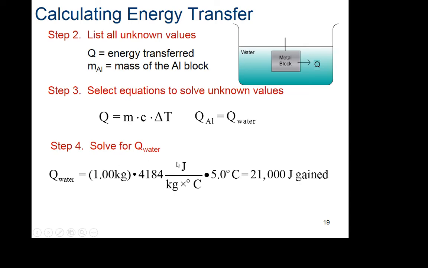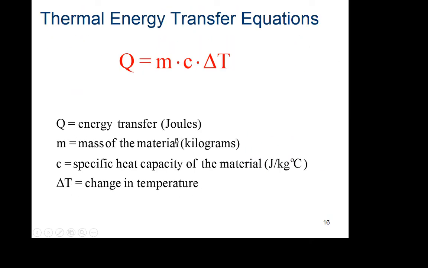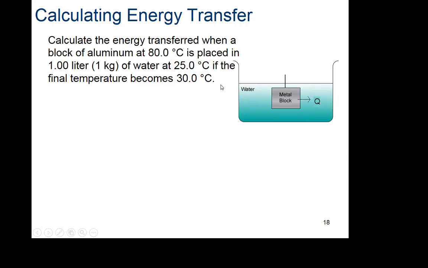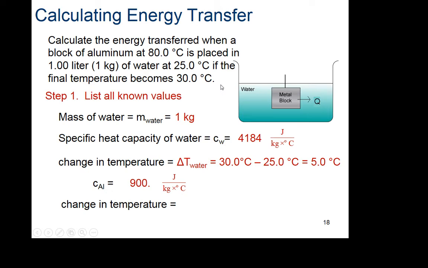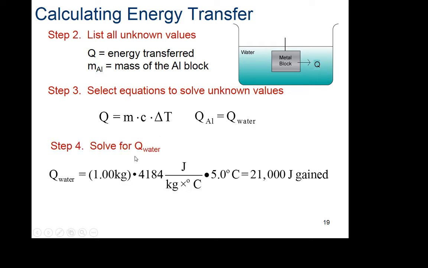We're going to use the same equation as before. I'm going to back up a little bit here. Q is equal to M times C times delta T. The mass of our water is 1 kilogram.